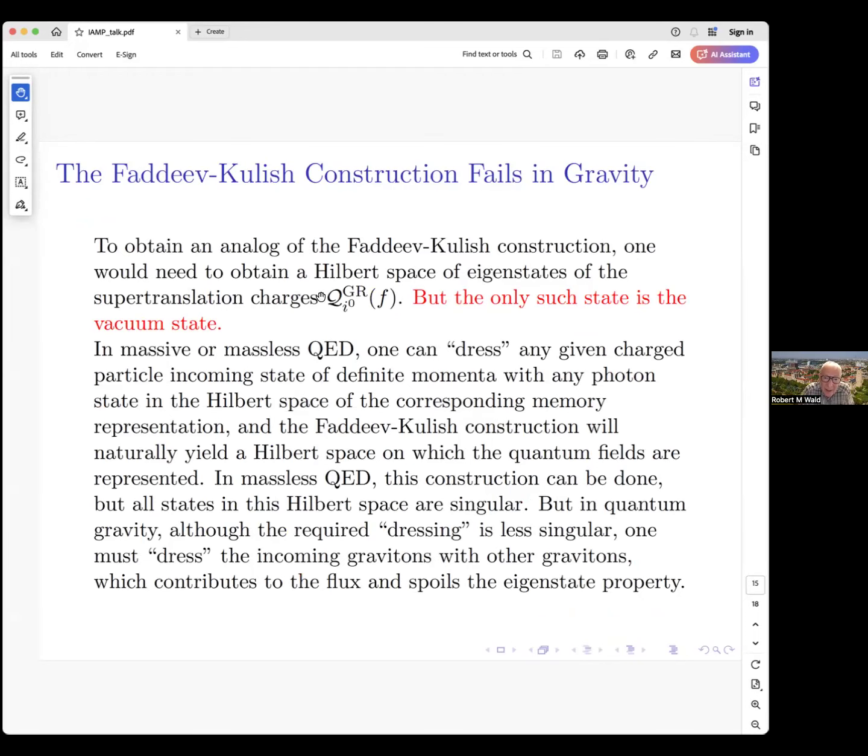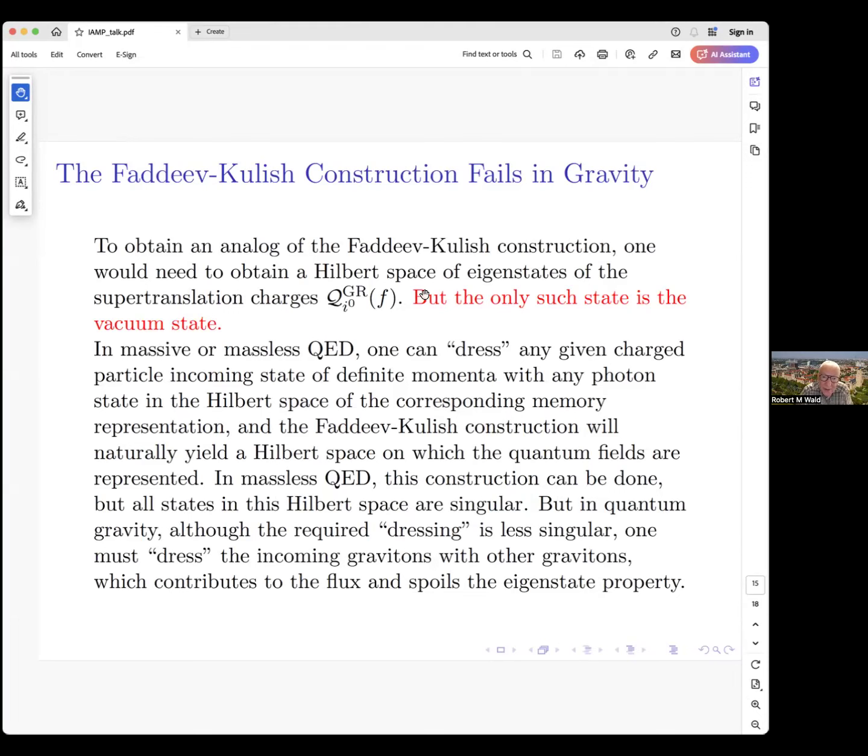Namely, we're looking to try to find eigenstates of the supertranslation charges. Well, we really like eigenvalue 0, but that immediately tells you that there are no states with that property other than the vacuum state.